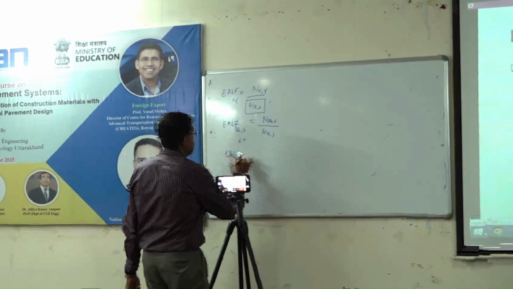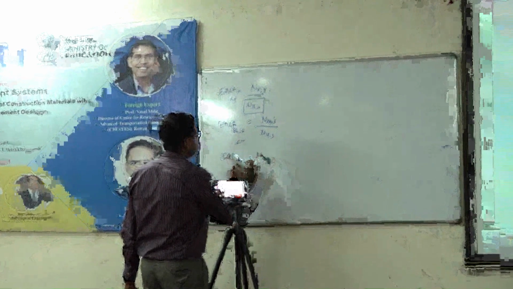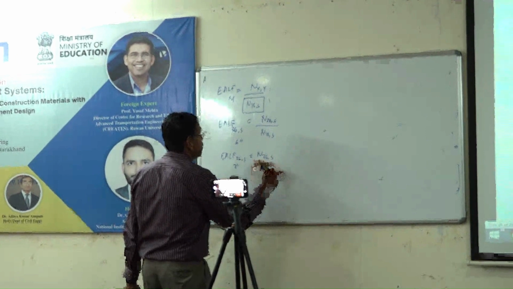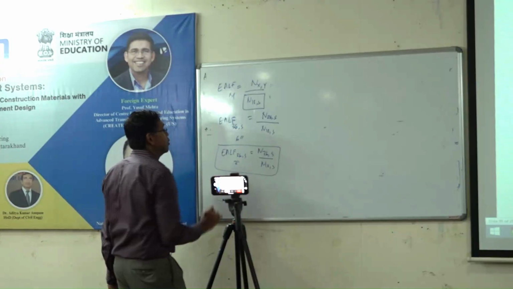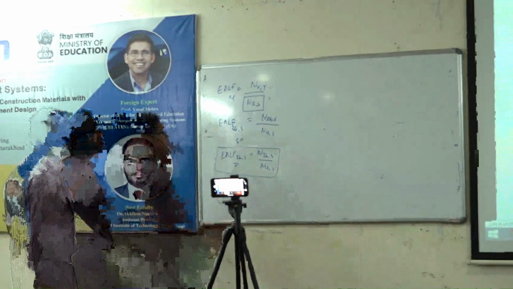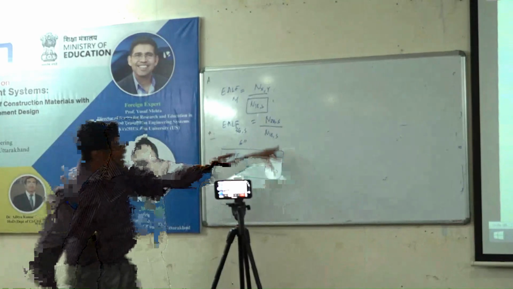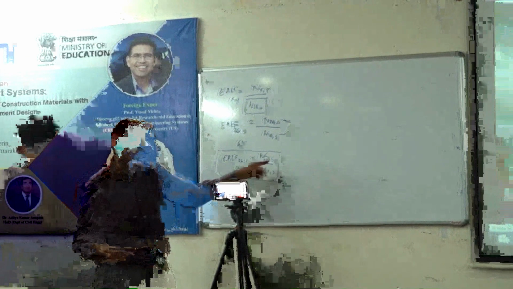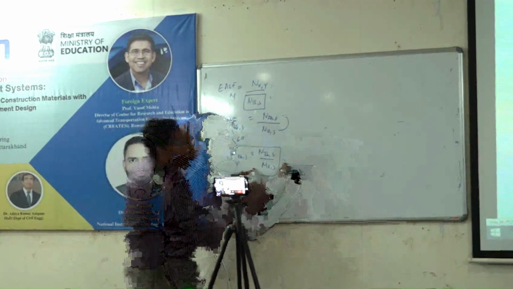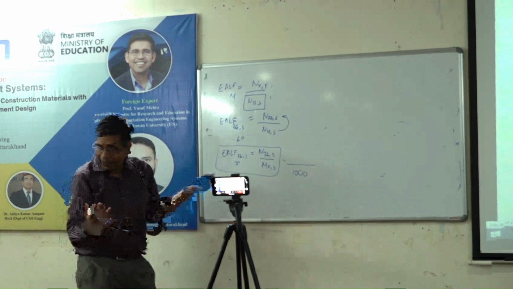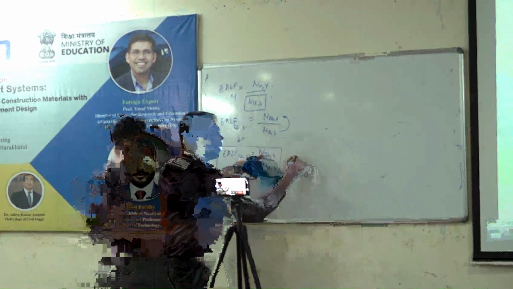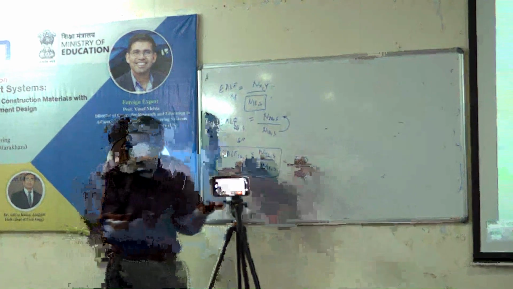ELF of 36S over N18, right? The 6-inch pavement can handle the change in repetitions going from 18 to 36 better, right? So if the weaker pavement fails at, let's say, 500 passes for simplicity, that is sooner.